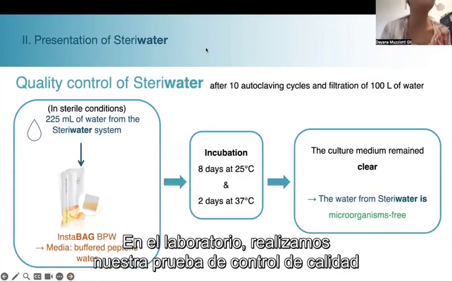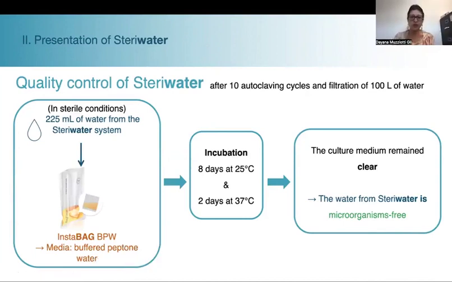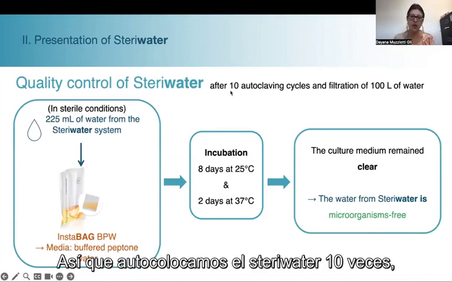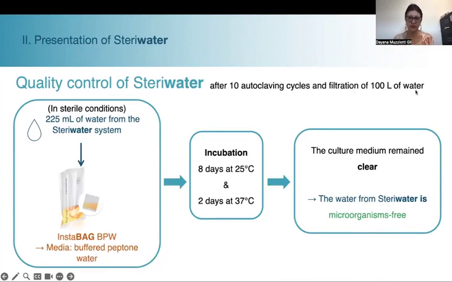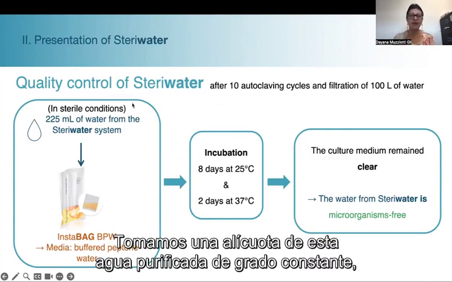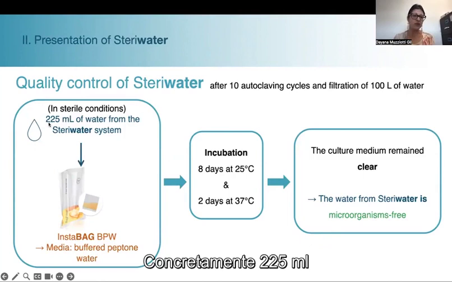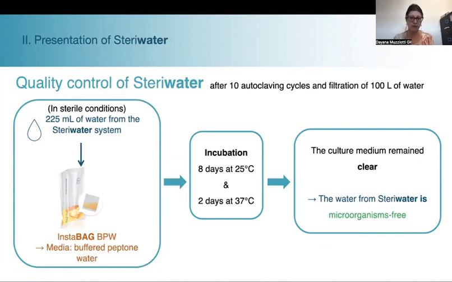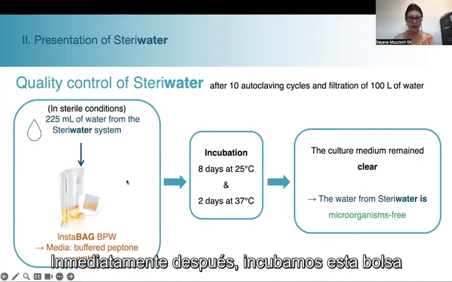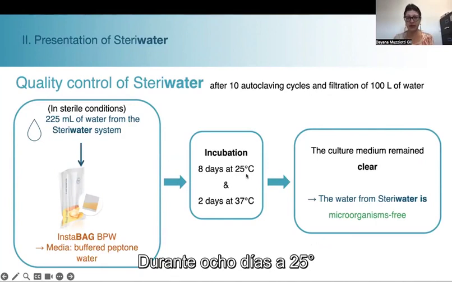In the lab, we perform our QC test. So we autoclave the sterile water 10 times, and right after we filter 100 liters of water. After that, we took an aliquot of this sterile grade purified water, specifically 225 milliliters, and we pour inside our Instabag, BPW, buffer peptone water. Right after, we incubated this bag for 8 days at 25 degrees.